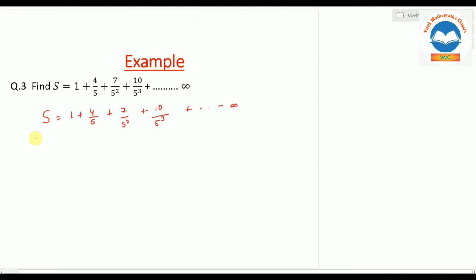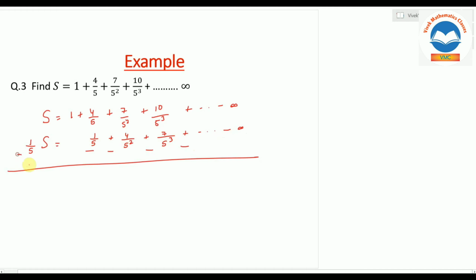So what you have to do? You have to multiply by the common ratio, 1 by 5 into S. How much you will get? You will get 1 by 5 plus 4 by 5 square plus 7 by 5 cube and so on. So if you subtract here, what you will get?